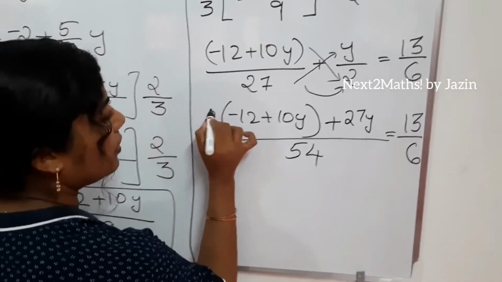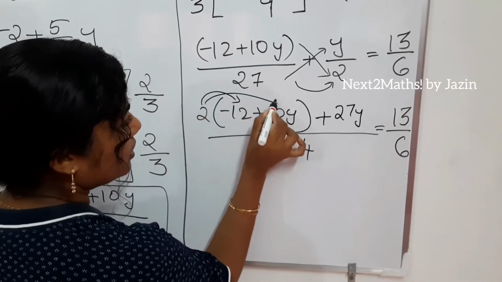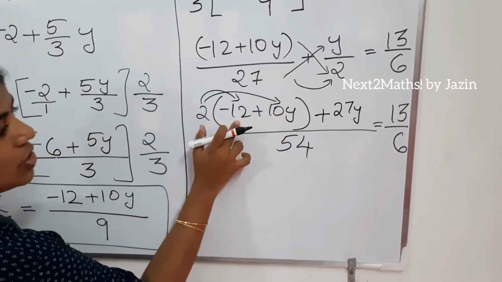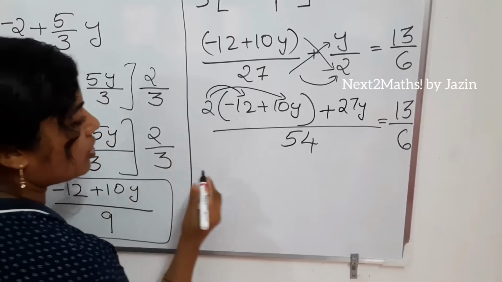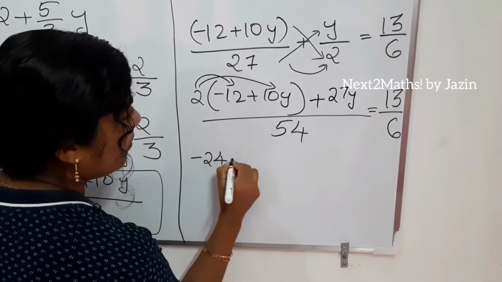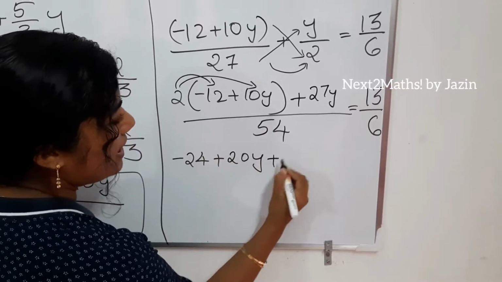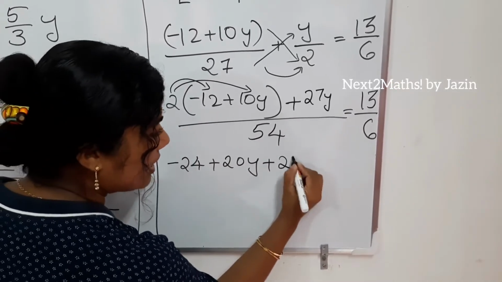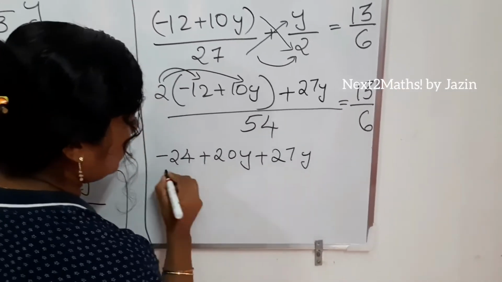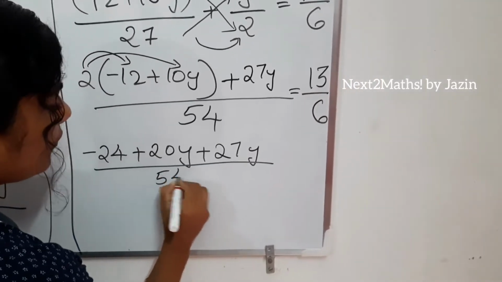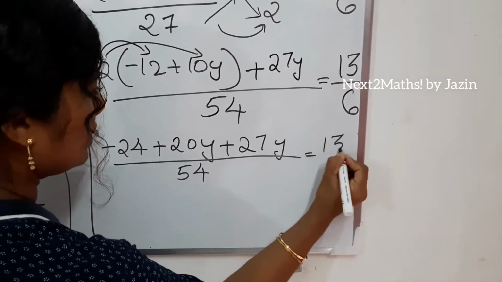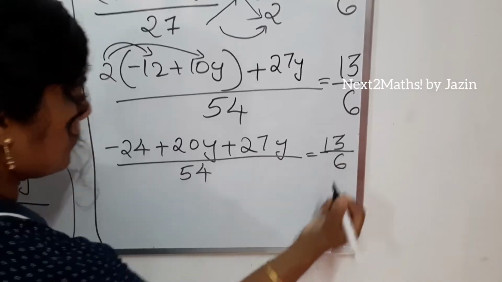Now distribute that 2 with both the terms. 2 into minus 12 gives minus 24, plus 2 into 10y is 20y, plus 27y outside the bracket, divided by 54 equals 13 by 6.